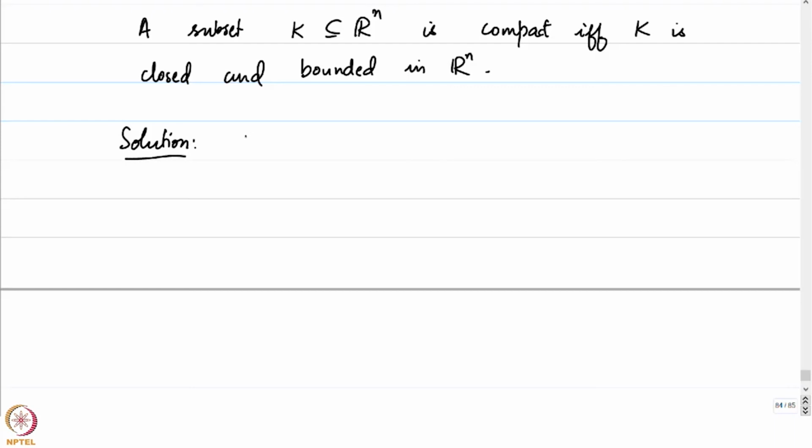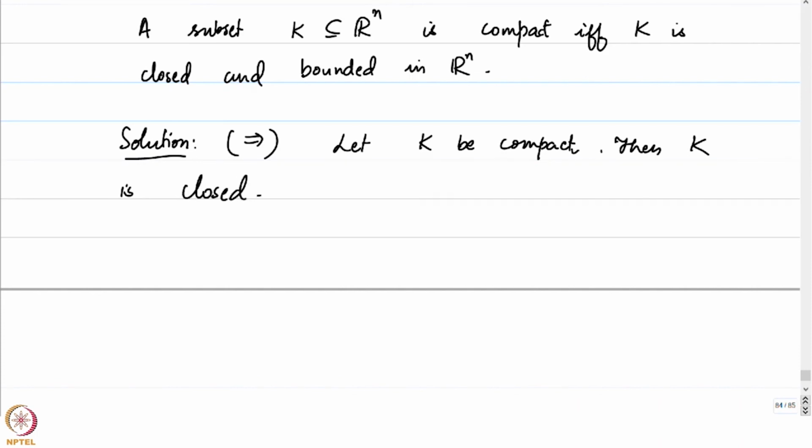The forward direction is actually quite easy. Let K be compact. And we have already seen that compact subsets of a metric space will turn out to be closed. Then K is closed by one of the theorems we have proved.